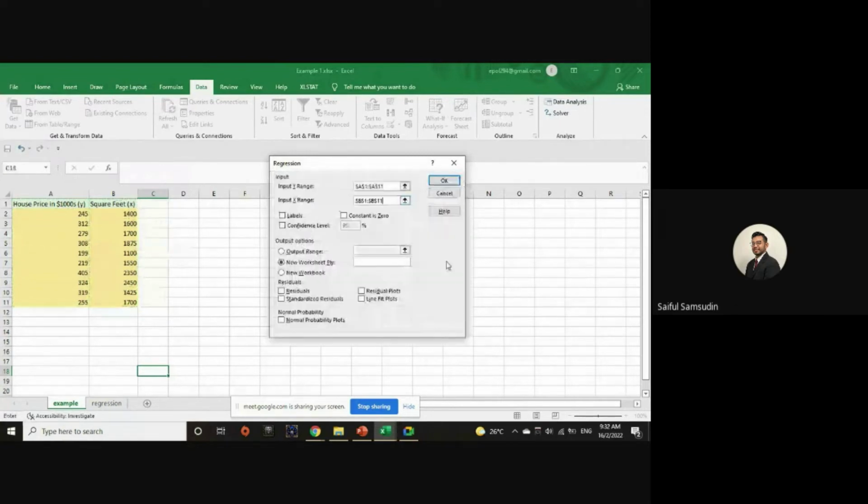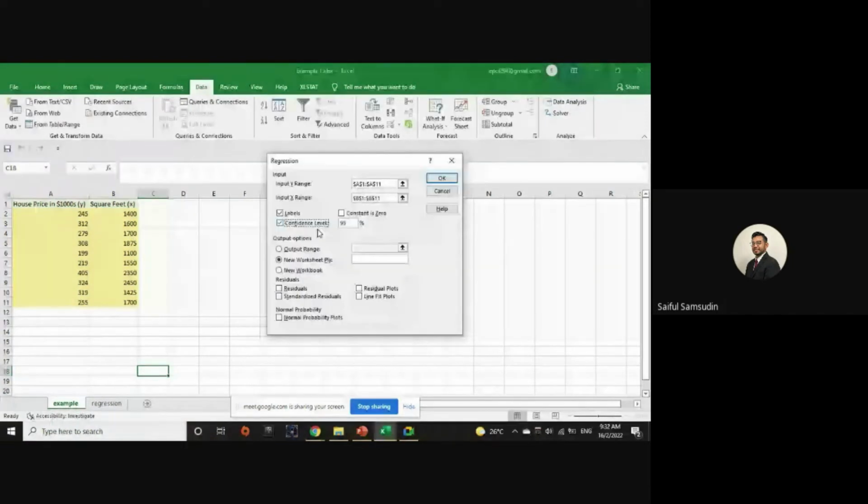Then don't forget to click labels, so the labels are not included in our analysis. If you want to put a confidence level, you can put 99% or 95%, it's okay, up to you. And then you click OK.